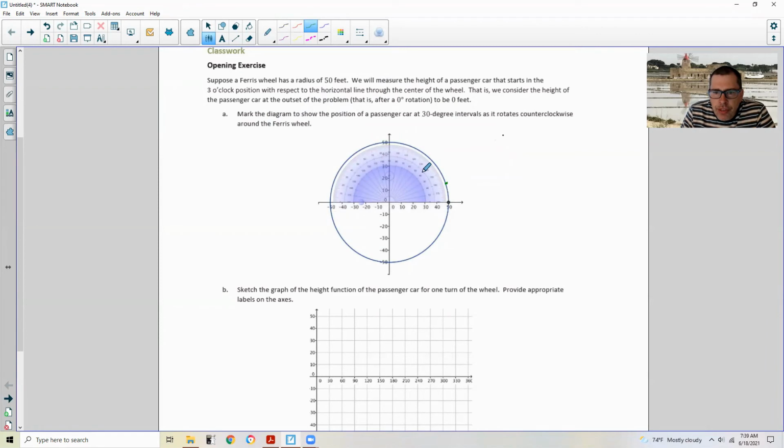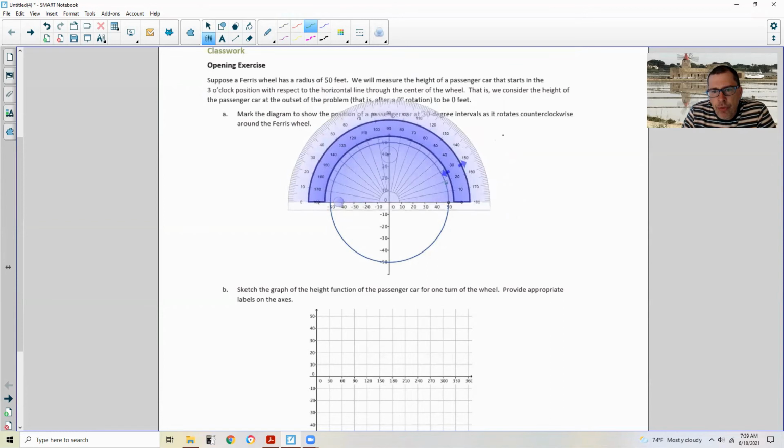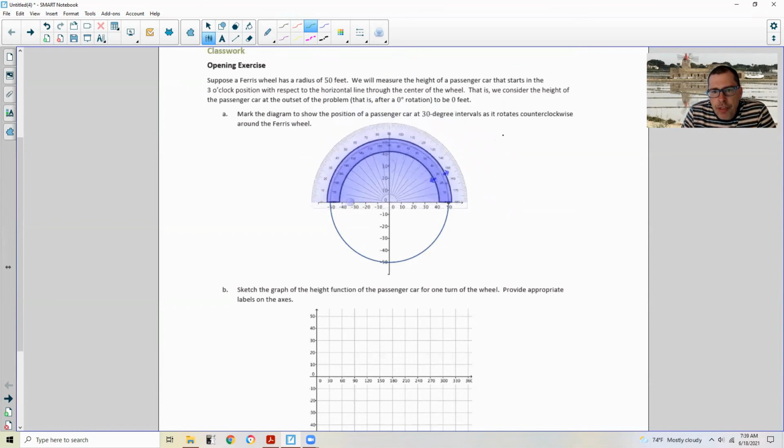What are we going in? 15, 45. So we want 30, we want 60, we want 90. So 60's right here. That would be on the circle right there. It won't let me draw there. There we go. There's 60. Obviously 90's here.